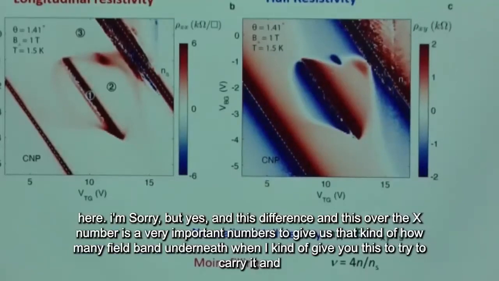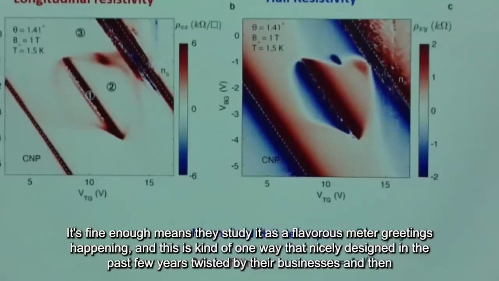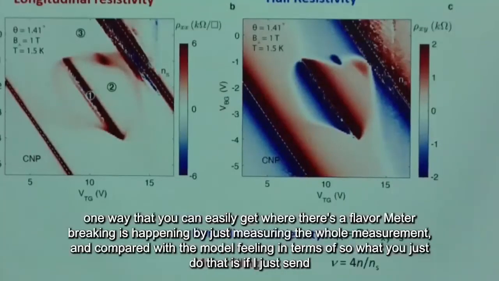And this finite F means basically that flavor symmetry breaking is happening. This is one way that was nicely designed in the past few years in twisted bilayer systems. One way you can easily tell whether flavor symmetry breaking is happening is by just measuring the Hall measurement and comparing with the moiré filling in terms of integers, right?